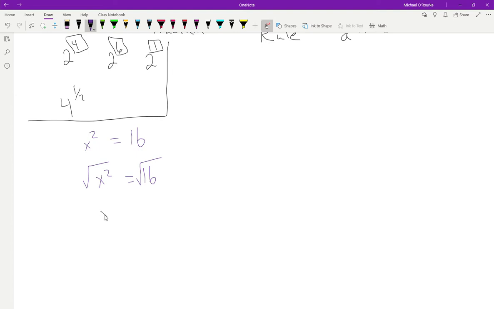So the square root of x squared is x, and this would be 4. Now, you guys don't know this because we don't ever write it, but when we do square root, there's actually a little 2 here.